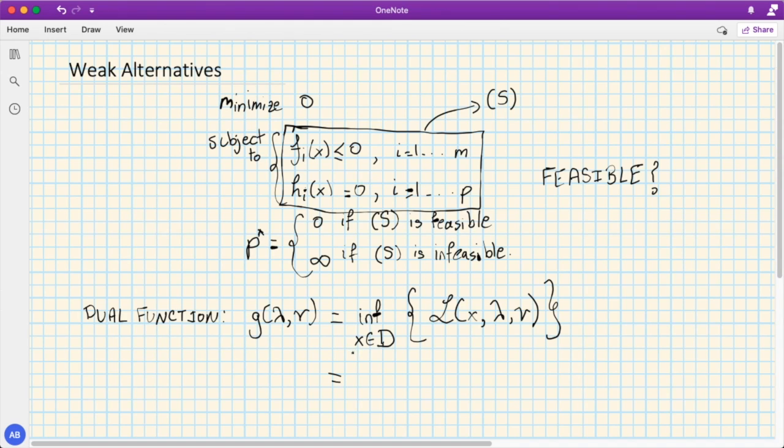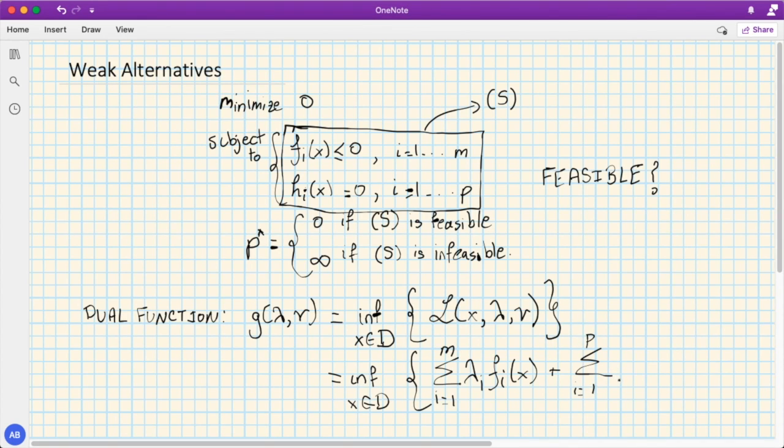So let me write that down. It is the sum, i running from 1 till m, lambda i fi, right? Plus a sum, this time over my nu's, i going from 1 till p, nu i hi of x.